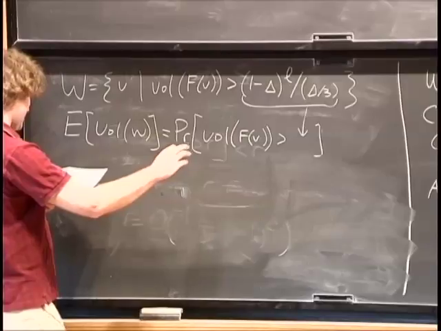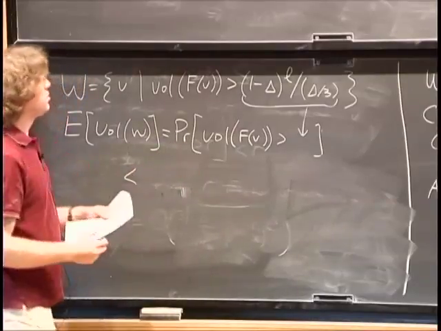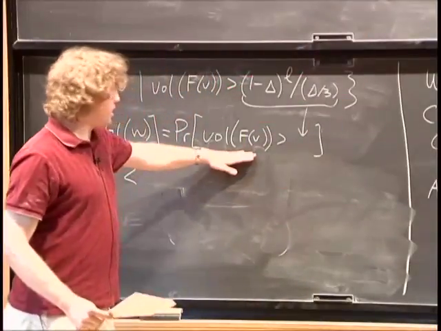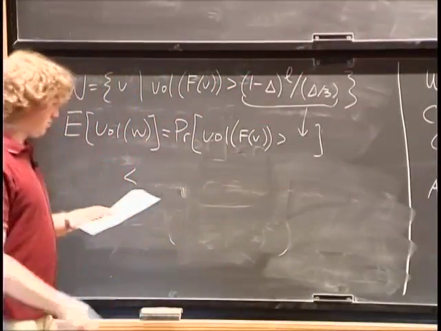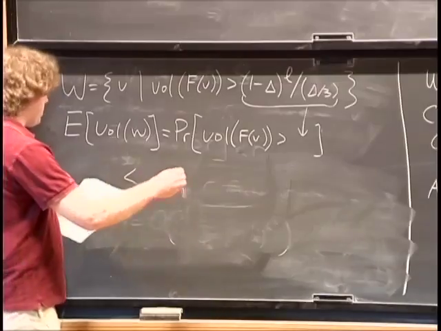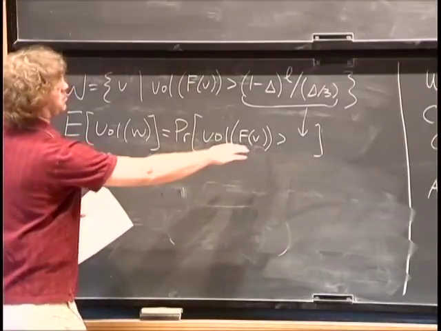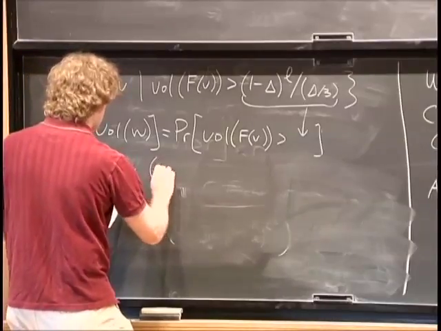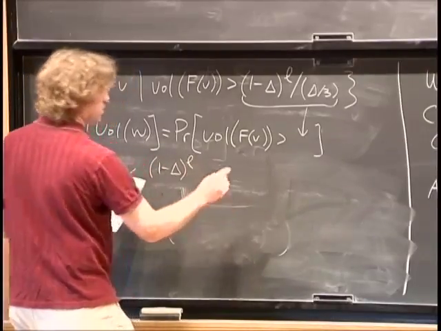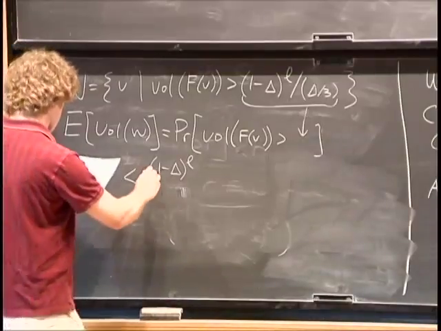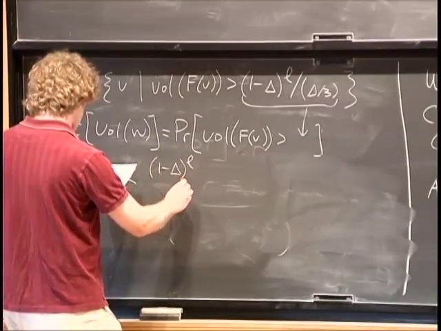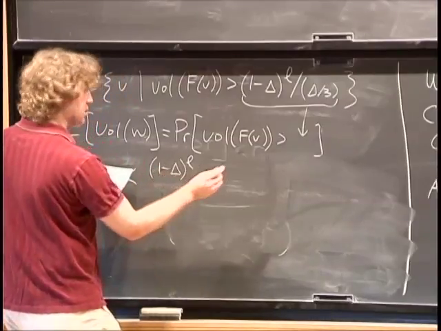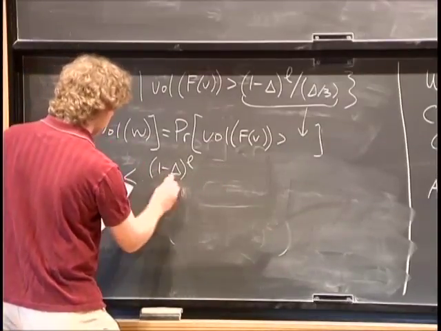However, we have a bound here on the expectation of this, so we just use Markov's inequality to get that this probability is at most... Everything cancels except the delta over 3.